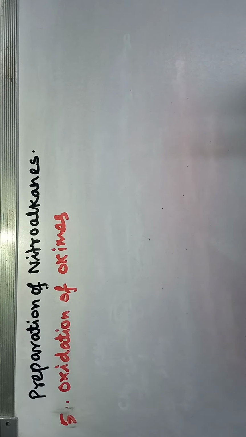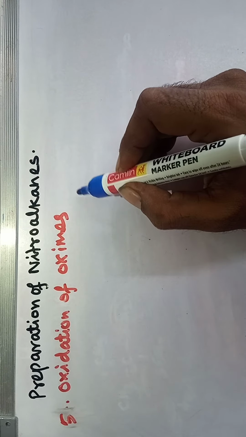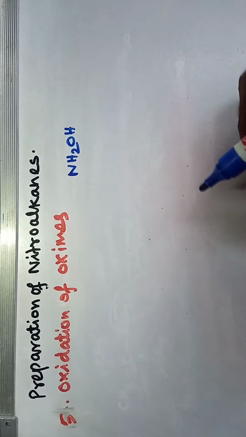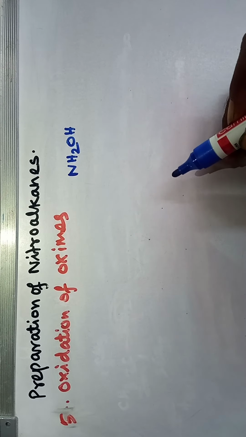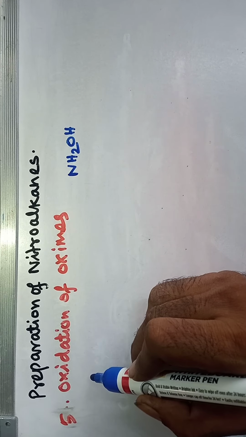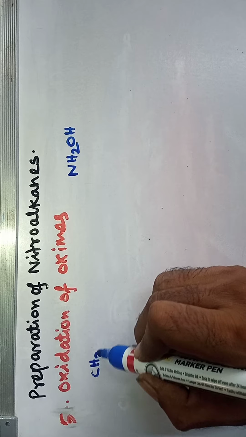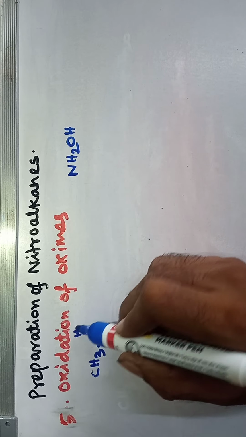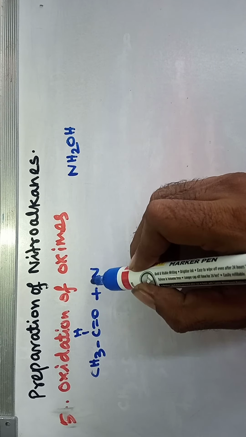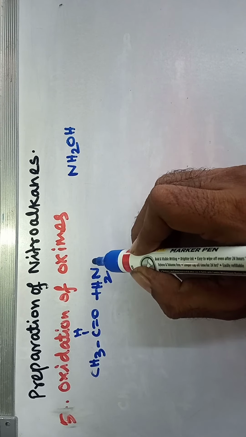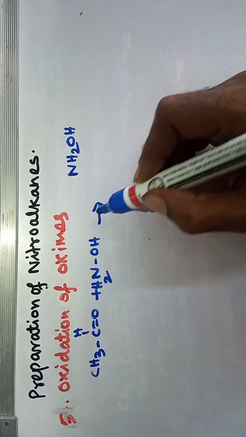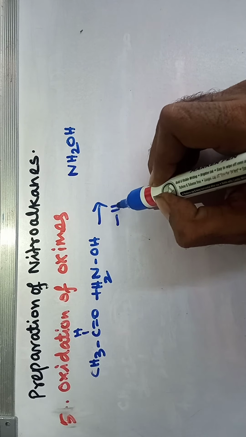We know that the formula for hydroxylamine is NH2OH. So how do we get acetaldioxime and acetone oxime? We know acetaldehyde, CH3 CH double bond O. It reacts with hydroxylamine and gives the addition product with the elimination of a water molecule.